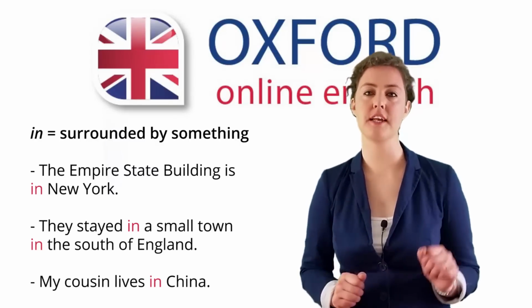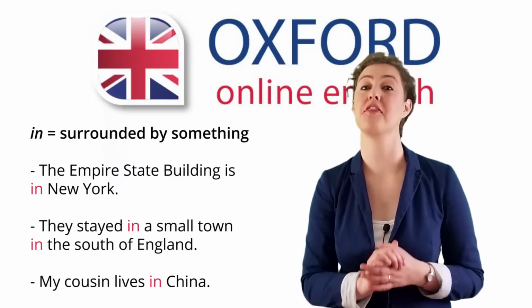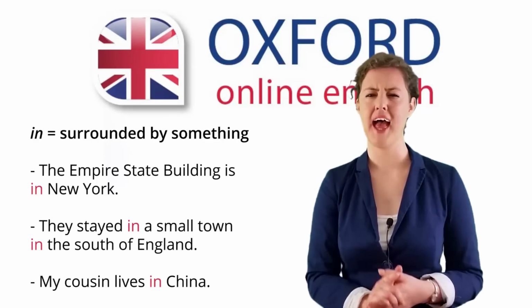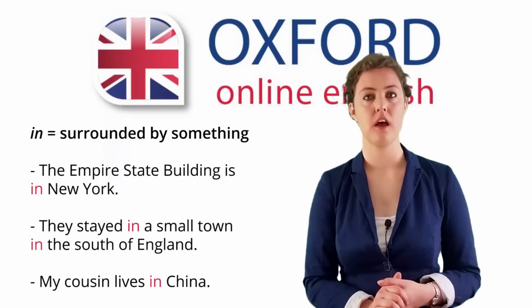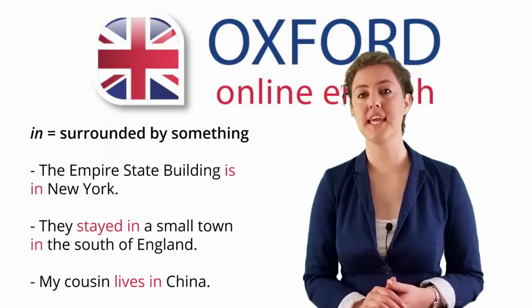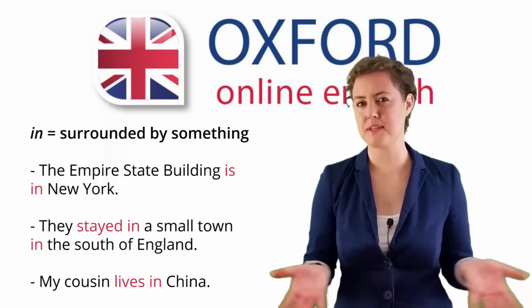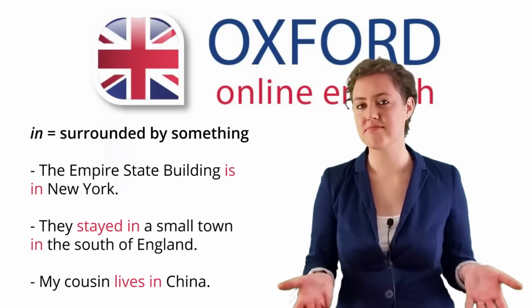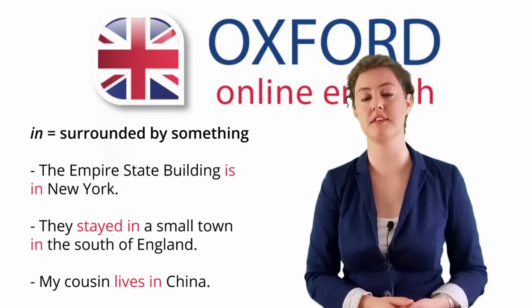Remember, to understand prepositions, you should look at the words before and after the preposition. Let's look at the verbs you can use before in. You can see the verbs be, stay, and live. Do these verbs express movement? No. They describe states without movement.